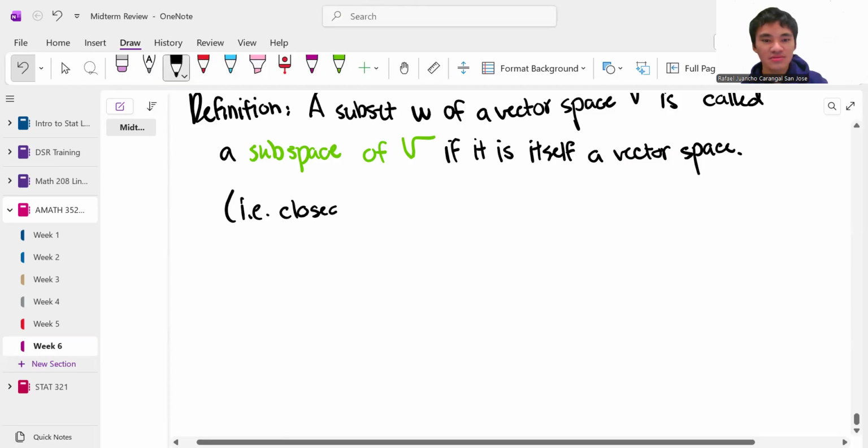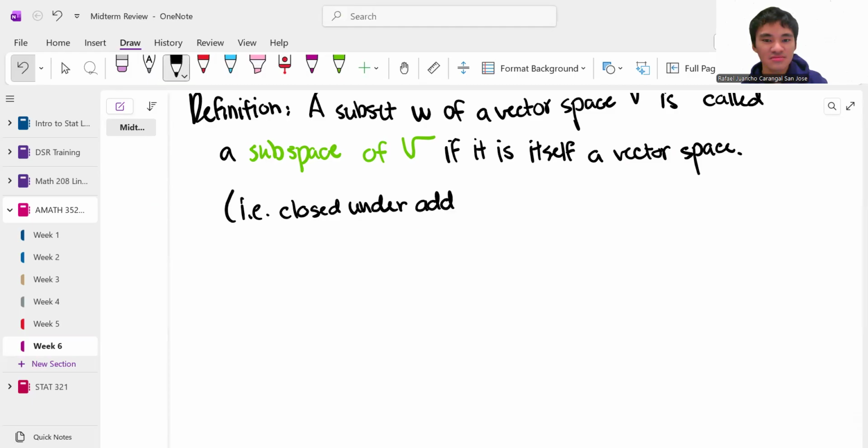It's closed. So this one we've pretty much discussed. It's closed under addition, and it's also closed under scalar multiplication. What that means is, again, if we add two vectors in that same vector space, then the sum of those two vectors is also another vector that's in the same vector space.